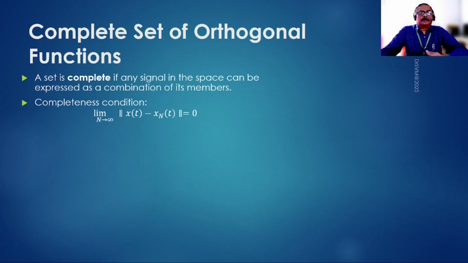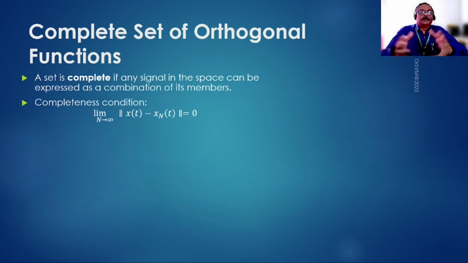So the completeness condition says that if we are talking about n orthogonal functions, then for any signal x of t, we can have an approximation x_n of t using n components of the signal space, and the difference between the actual signal and the approximated signal must be 0.